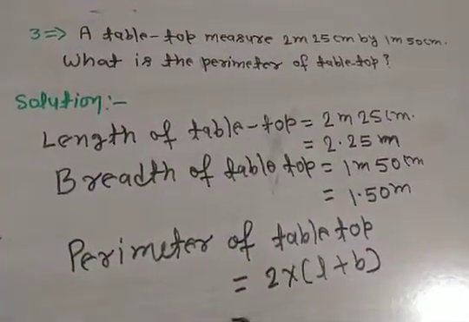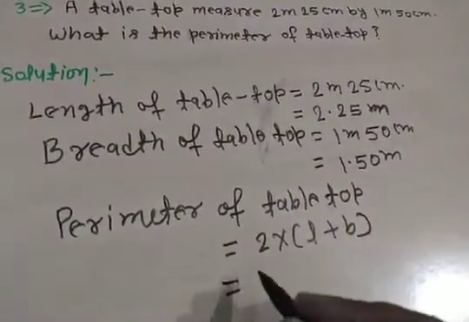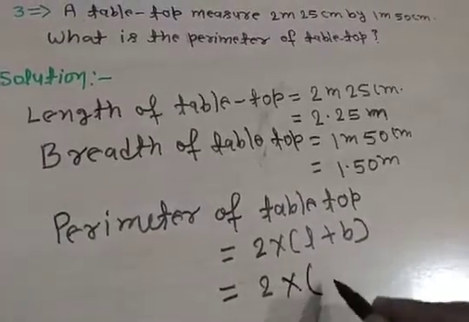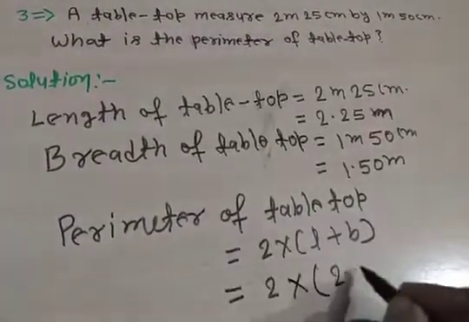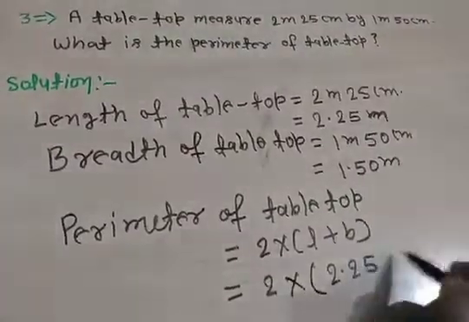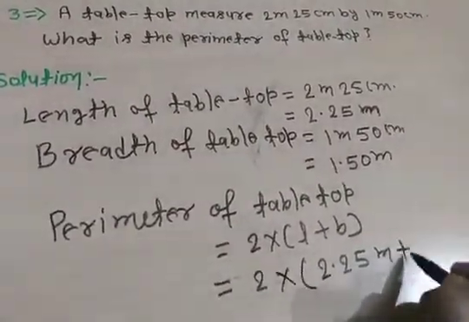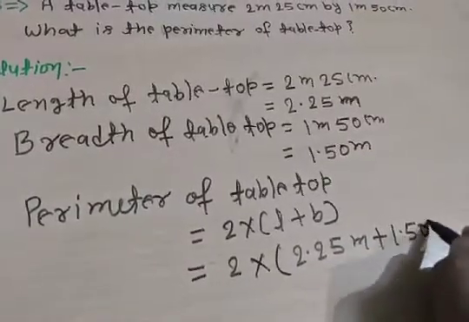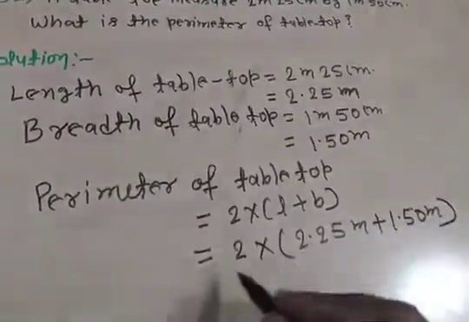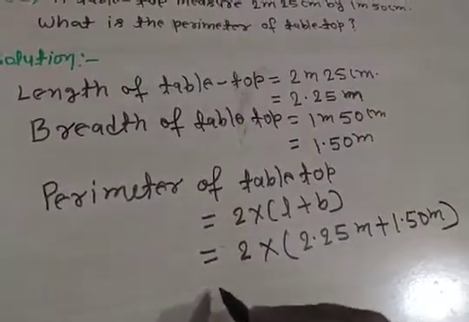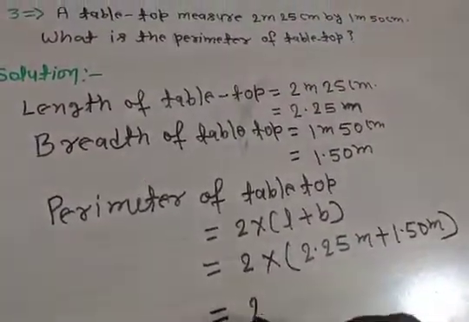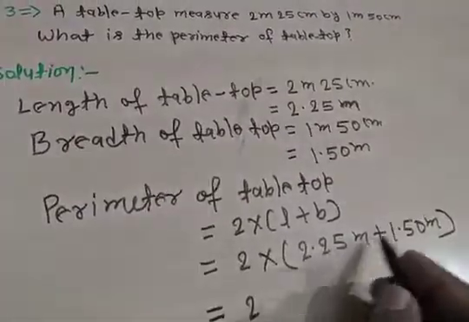Here we know the length and the breadth. This is given: 2 into (2.25 meters is length plus 1.50 meters is breadth). First we sum it.